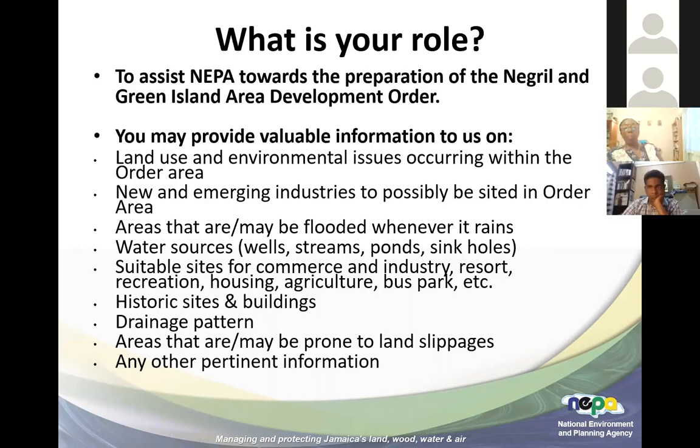But I know throughout the consultative process for the preparation of that master plan, it would have come up where persons indicated a somewhat unfair advantage if one part of Negril would have been given higher building heights and densities, to the detriment of another side of Negril that wouldn't be able to enjoy a similar thing.